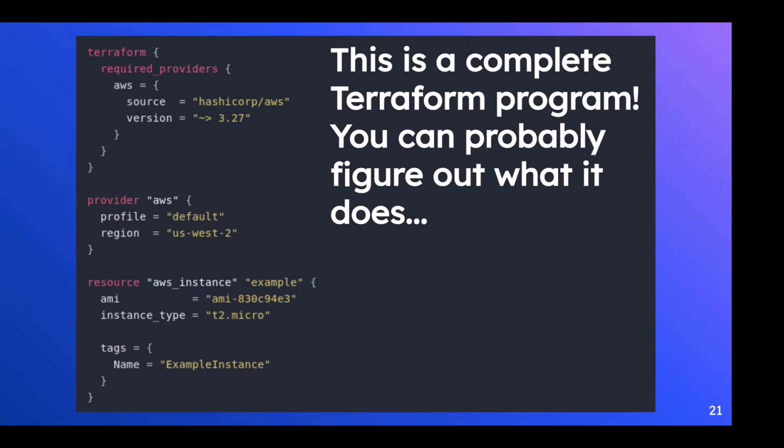The size, like T2.micro there, just says we're going to give it X number of CPU cores and RAM and storage and that sort of thing. And then we're going to give it a tag. So all in all, we're going to use the AWS provider, we're going to use the US West 2 region, and we're going to make a virtual machine. That's what we tell Terraform, and it will turn that into API calls to make that all happen.